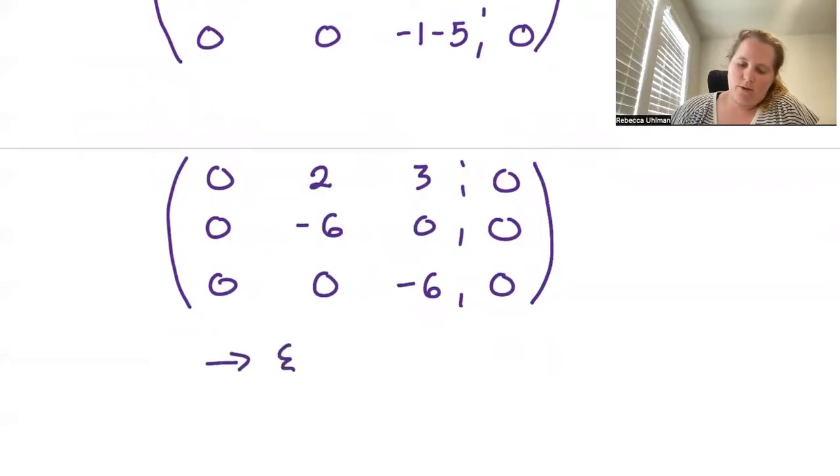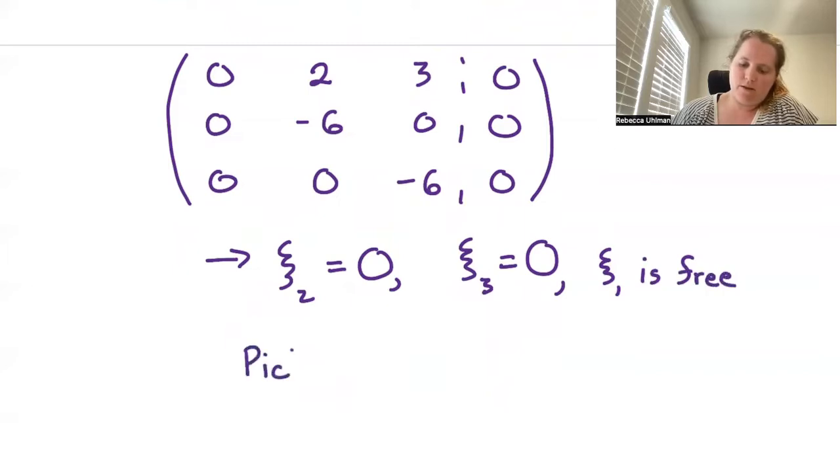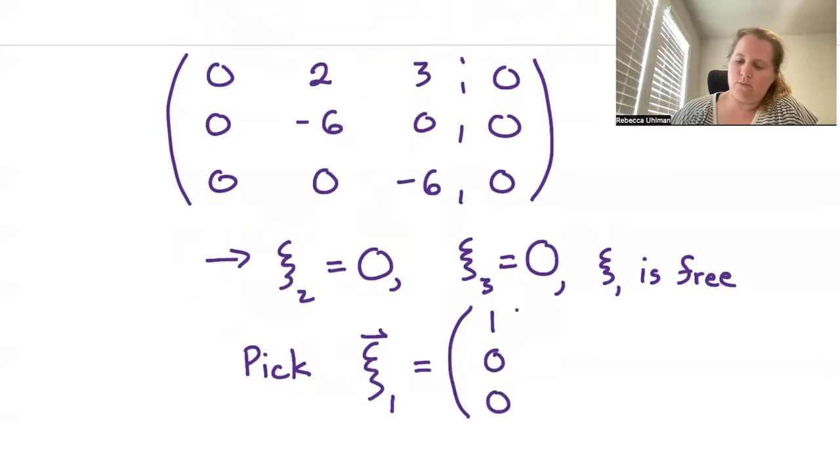We have therefore that xi2 is equal to 0 and xi3 is equal to 0, but xi1 is free. So we will go ahead and pick our vector to be xi1 equals 1, 0, 0.